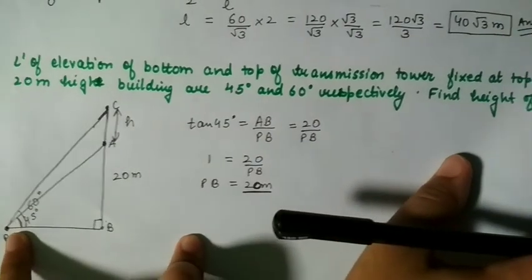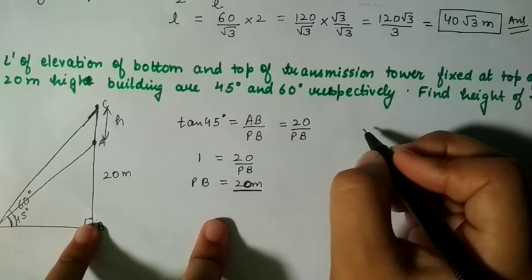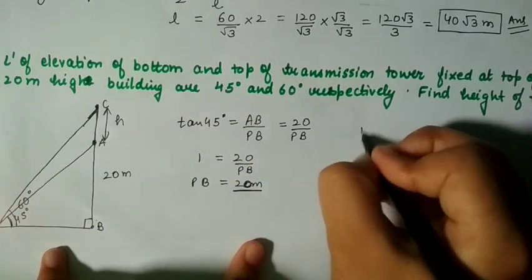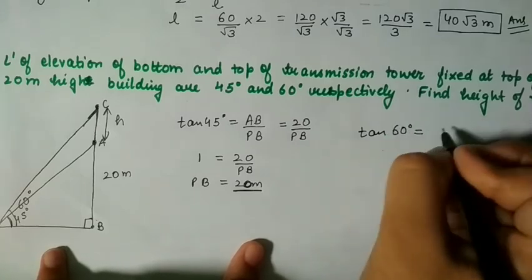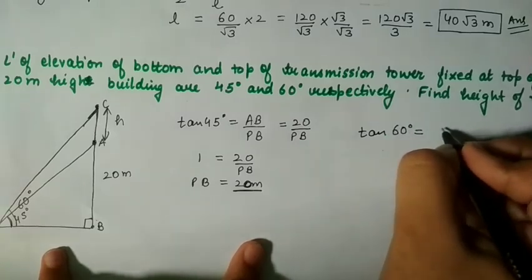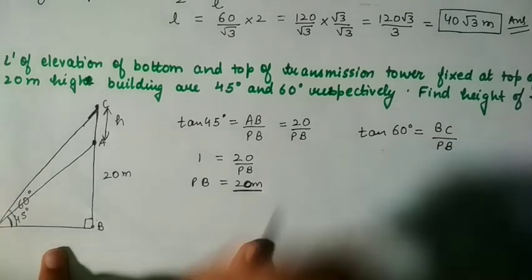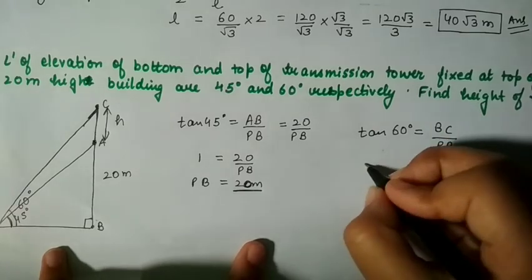Now we have to find the height. So now you have to consider triangle PBC. In this triangle, use again the trigonometric ratio of tan. Tan 60 degrees is perpendicular, BC, upon base, that is PB only. Now you know the value of PB, so use it, and tan 60 degrees is root 3.